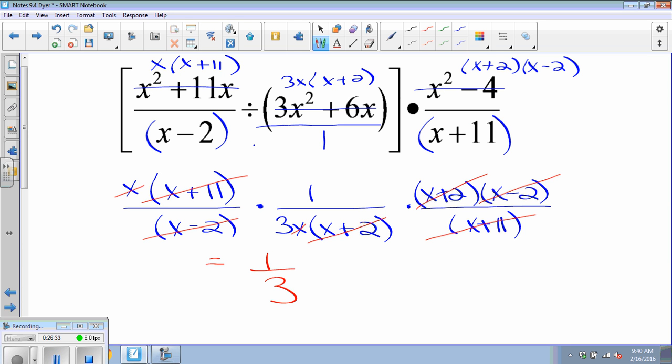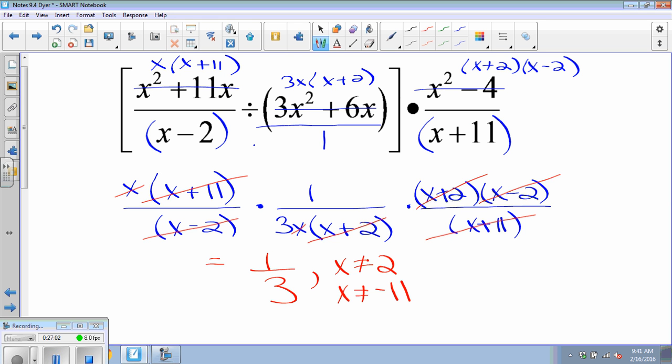Well, that's it. But we need to know what our excluded values are. What can x not be? So, let's look. What would make this be 0? X equals 2. So x cannot be 2. What would make this be 0? X cannot be negative 11.